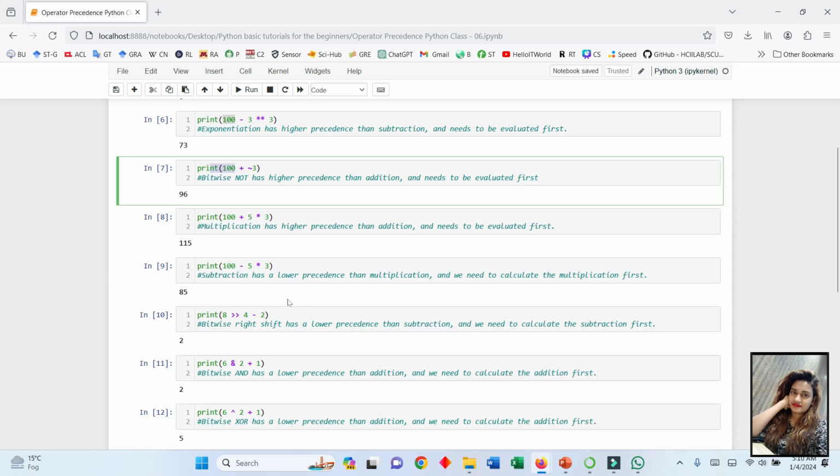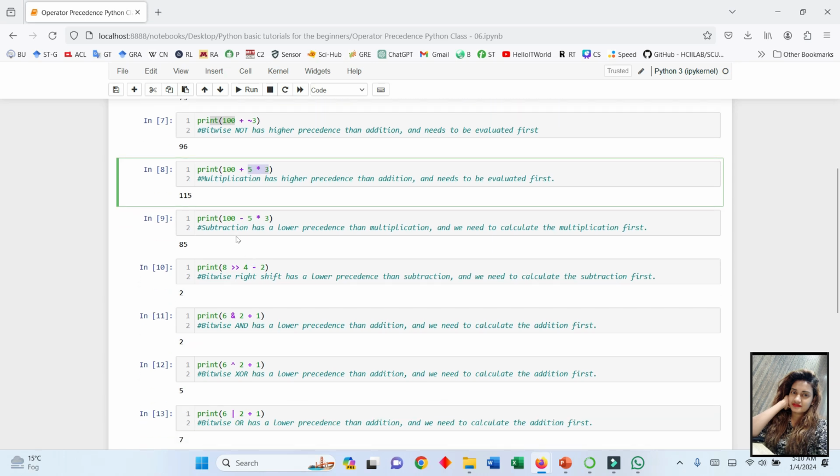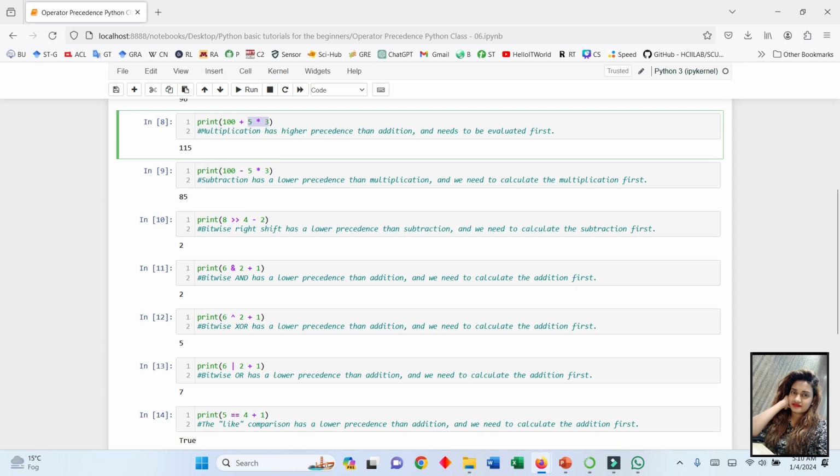The next portion is multiplication, which has higher precedence, so we do it first. So 5 times 3, then add. Also, subtraction has lower precedence than multiplication, so first we do the multiplication, then subtract from 100. Then the bitwise right shift has a lower precedence than the subtraction.